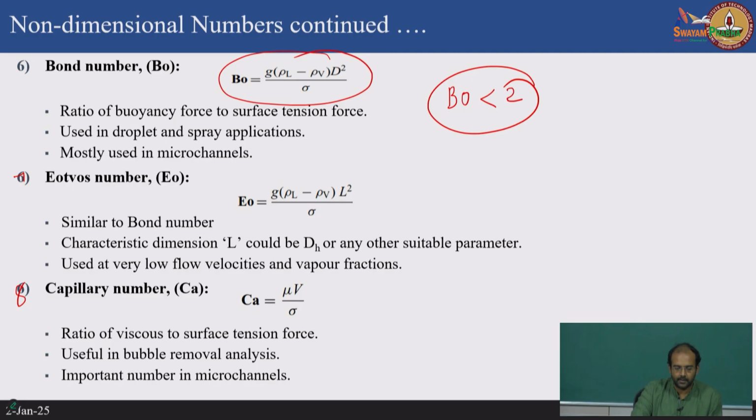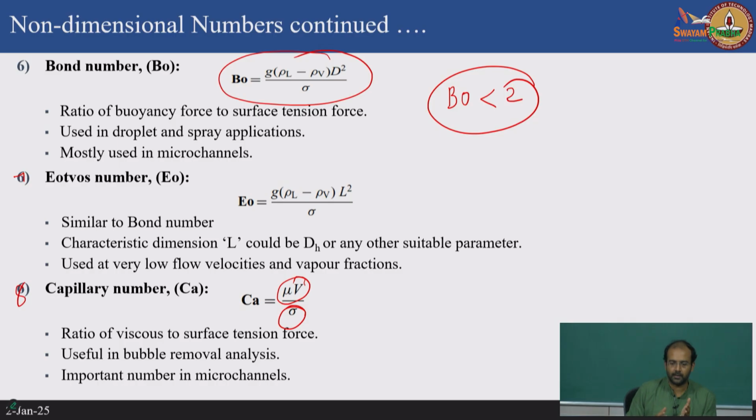And then the other important non-dimensional number is called the capillary number, which is the ratio of viscous force to the surface tension force. Generally when we talk about two phase flows, you have inertia force, viscous forces, surface tension forces and gravity forces. These are the four important forces, so all your non-dimensional numbers are combinations of two of these forces.